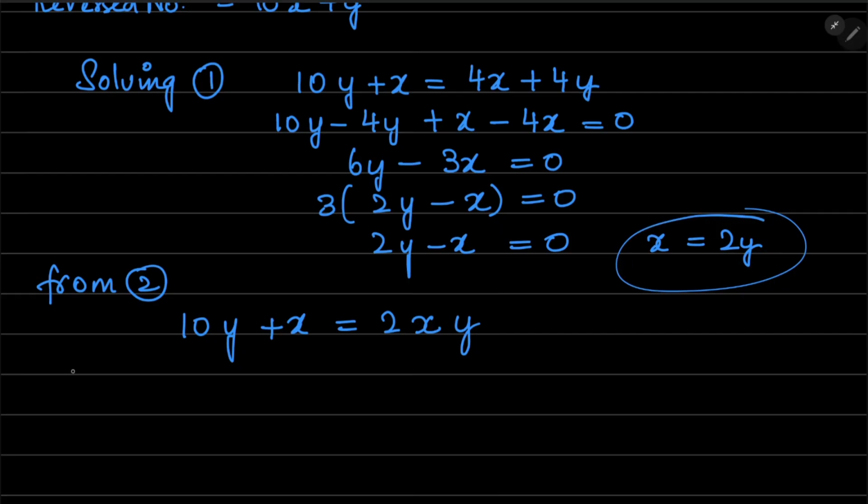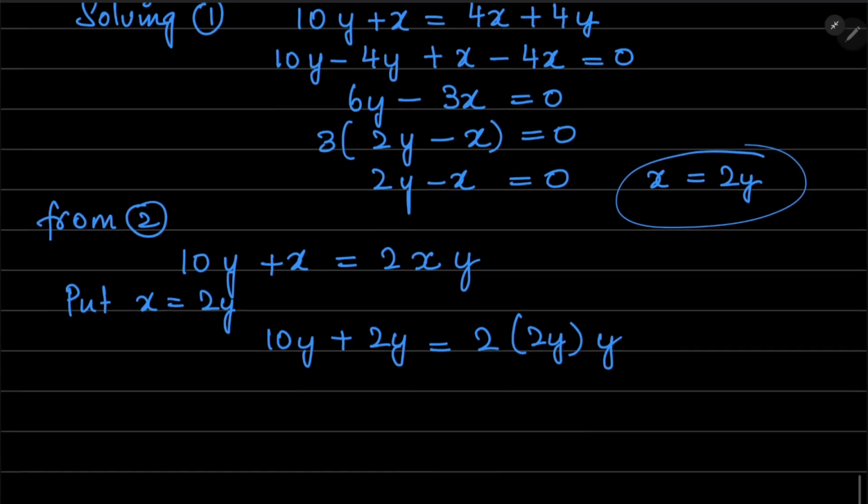So put x equals 2y. 10y plus 2y equals 2 multiplied by 2y multiplied by y. So what is 10y plus 2y? 12y equals 2 twos are 4y square. Right? So I can write 4y square minus 12y equals 0.